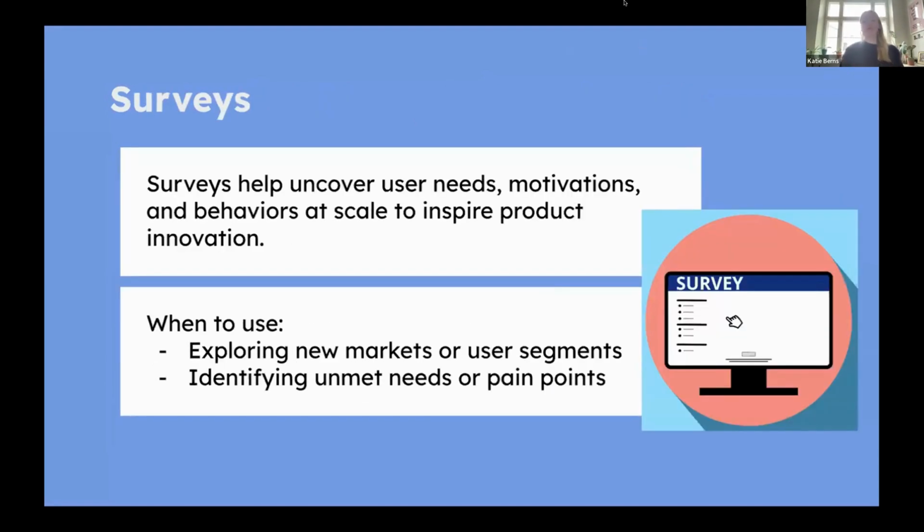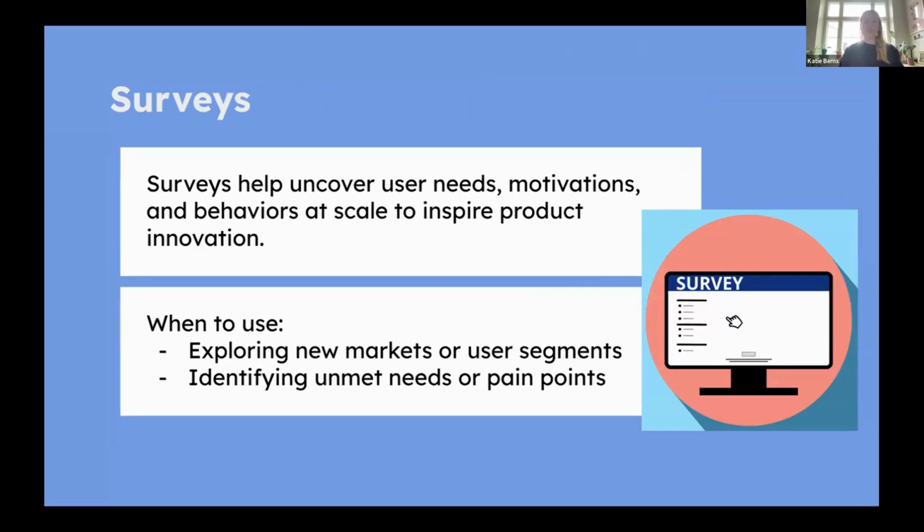So I'll just go through a few of the methods that you would use in this situation. I'm familiar that you have used some of them already, and we're going to work with some of your survey data today. Surveys are something we use to take a broader look at user needs and motivations. It's really useful because we can do it at scale and inform the product.